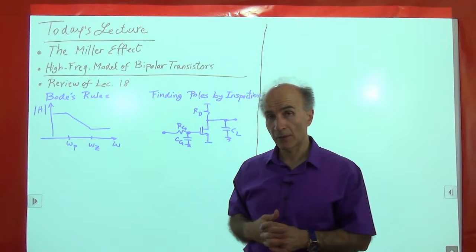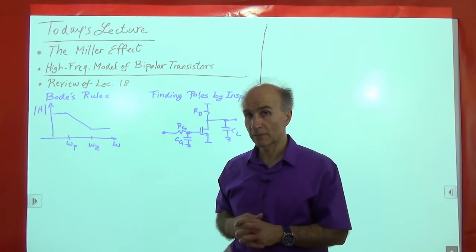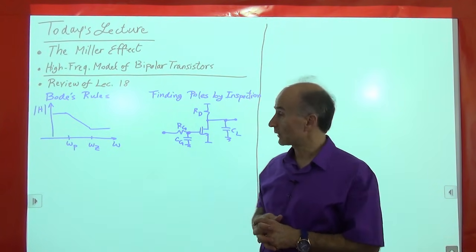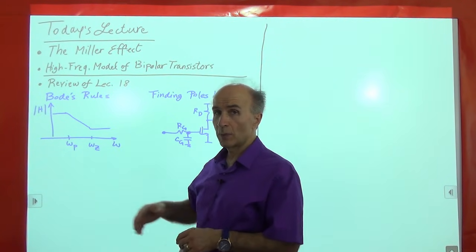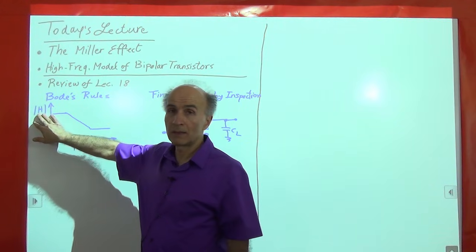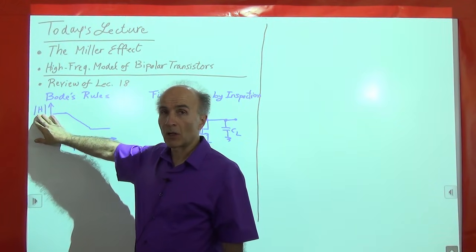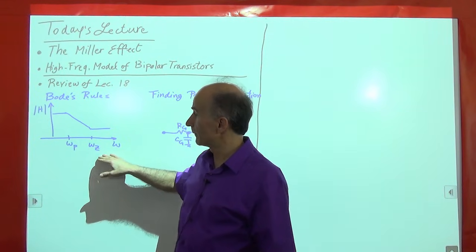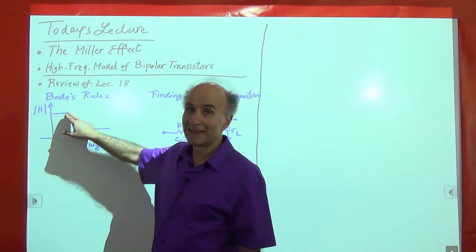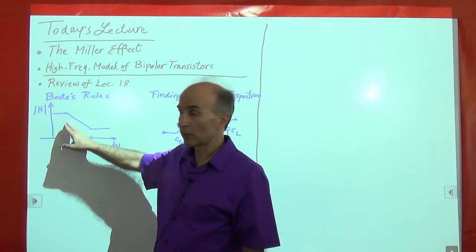All right, but before we go there, let's just briefly review what we covered last time. We talked about Bode's rules, and we saw that Bode says when we are plotting the magnitude response of a transfer function as a function of omega, the slope decreases as we pass a pole frequency.